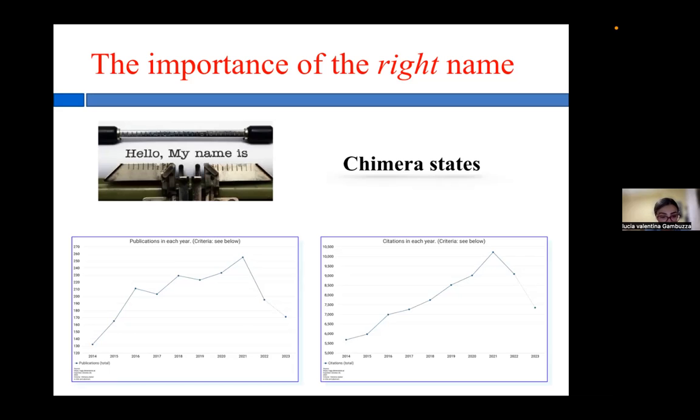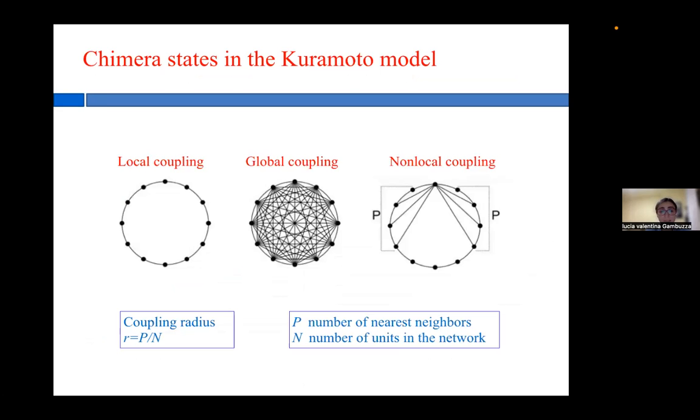Here you can see the total number of publications in each year regarding chimera states in the last 10 years, and the number of citations in each year for papers talking about chimera states. So this is clear evidence that the term chimera state is now as important as the phenomenon itself.